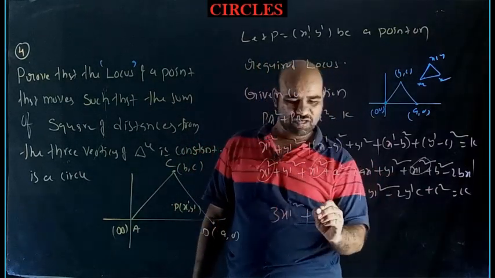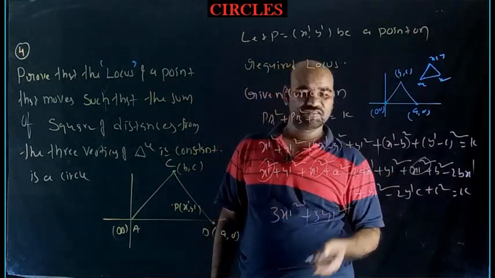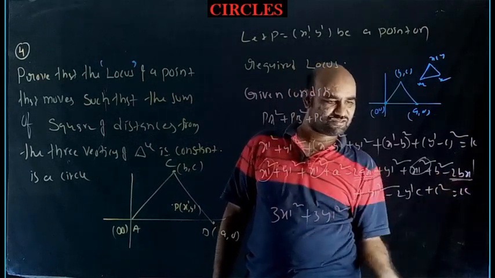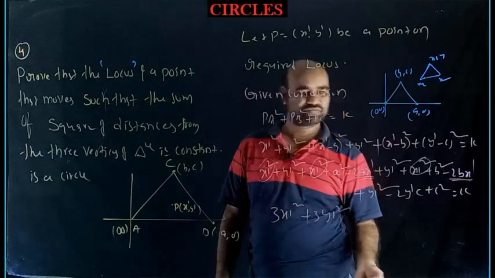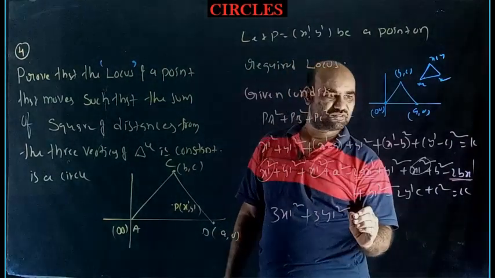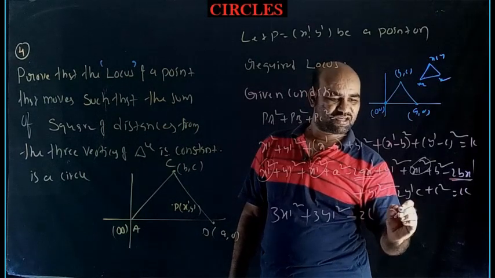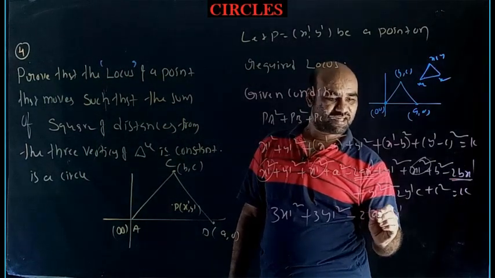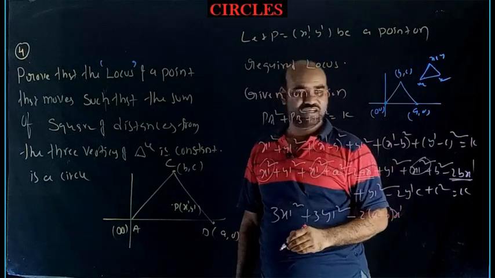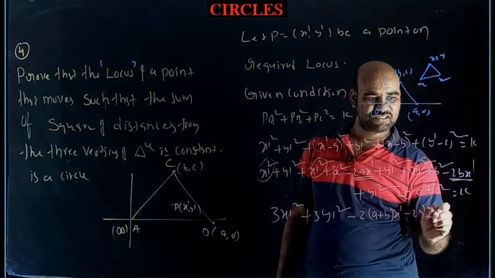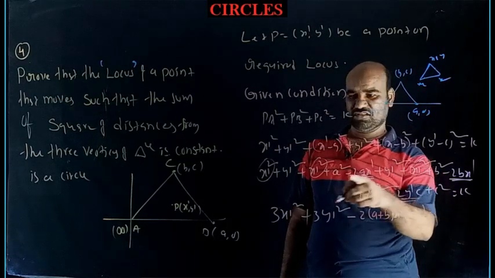Next, x dash terms: only minus 2 x dash, taken common, times a plus b. Next, y dash: minus 2 y dash c. I think that is all completed.